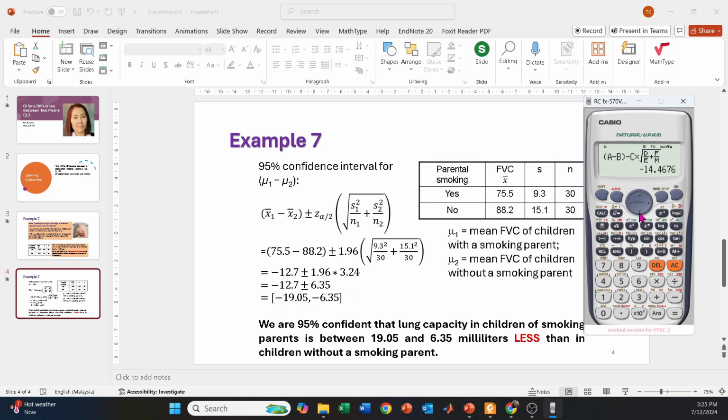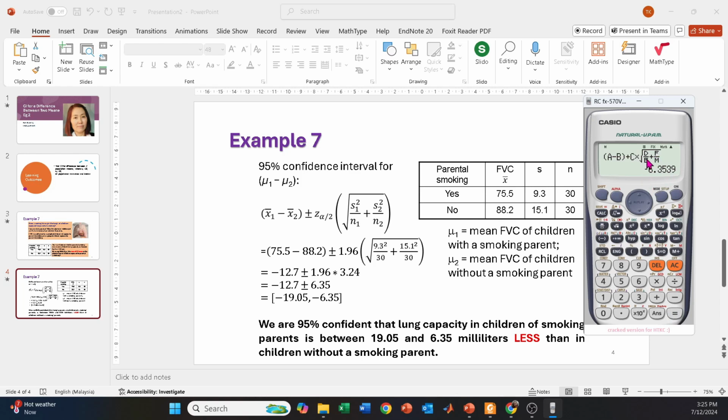Let me search the formula for the upper confidence limit. So calculate, the same A, B, C, D is 9.3 squared, E is 30, F is 15.1 squared, M is 30.